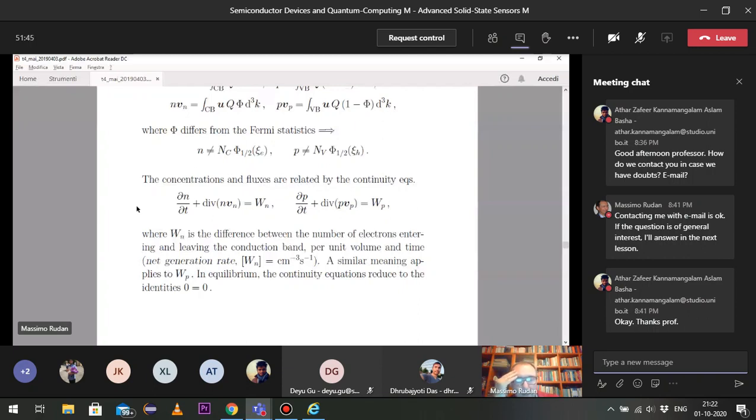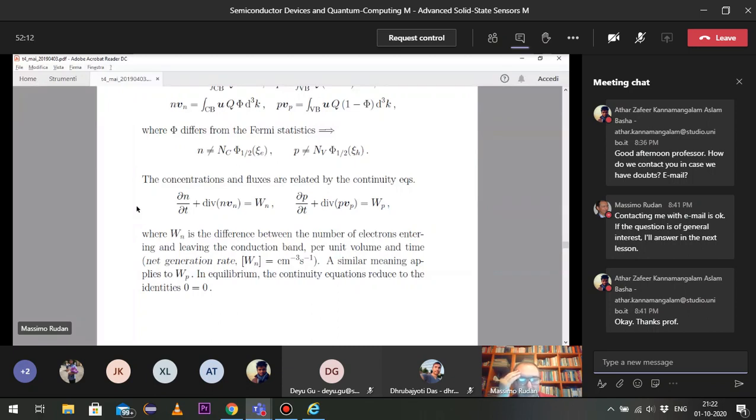So in the case of the semiconductor, what is the extra property that we should consider in this analysis? The extra property is that when we consider the electrons of the conduction band, we imply that these electrons have an energy that belongs to the conduction band.